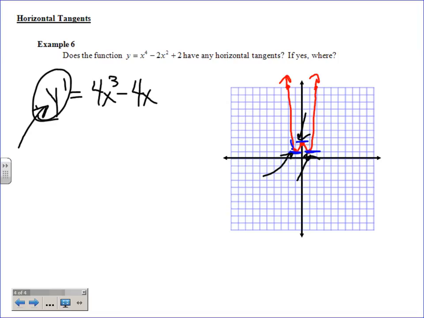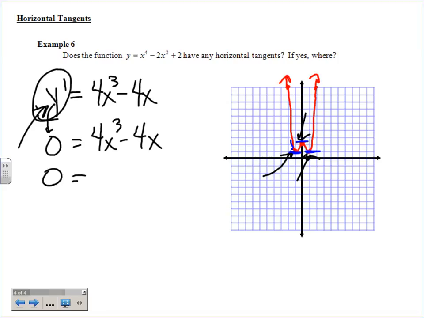But I'm not asking you for where's the slope 12. I'm asking you for where's the slope horizontal. In other words, where's the slope 0? So you say, all right, wherever I'm supposed to put slope, I'm going to put 0 instead. And then you put it over here into your derivative because that's also talking about slope. So this is saying slope 0. This is saying general equation for slope. Well, those two seem to match up fairly well. And now you work on your factoring.